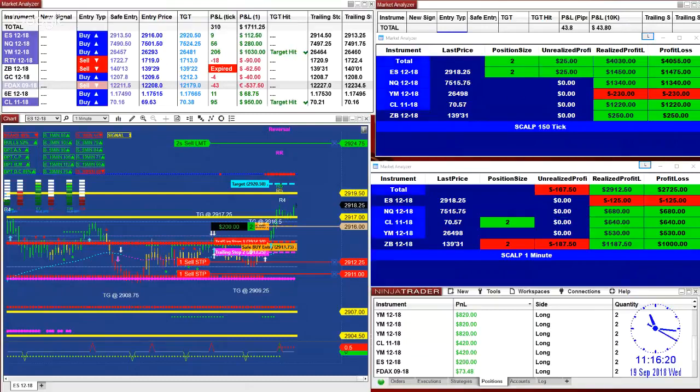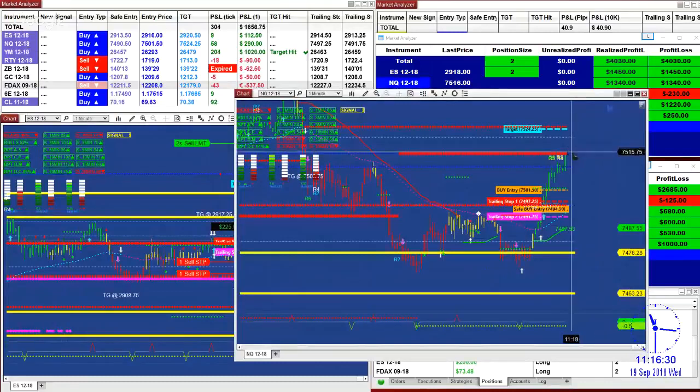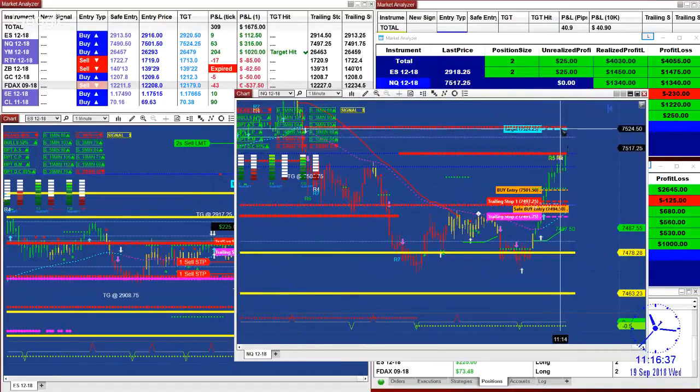The ES is about to hit the target, and the Nasdaq as well. Now the last stop on the Nasdaq is right there. This is struggling on the 15.25, but we're about to break, and then we are about to hit the target at 24.75.